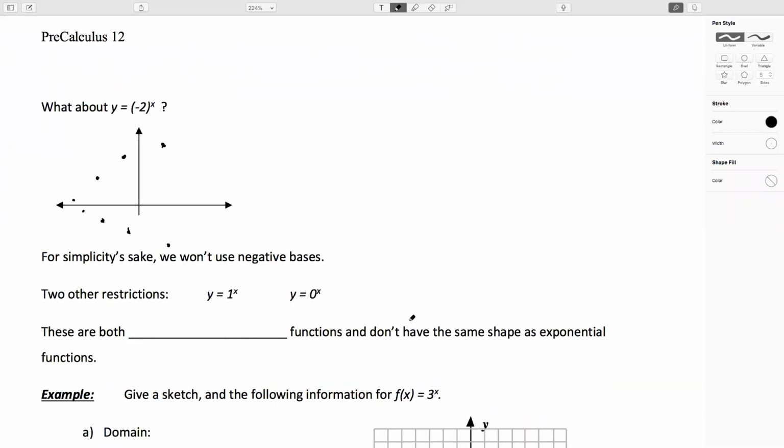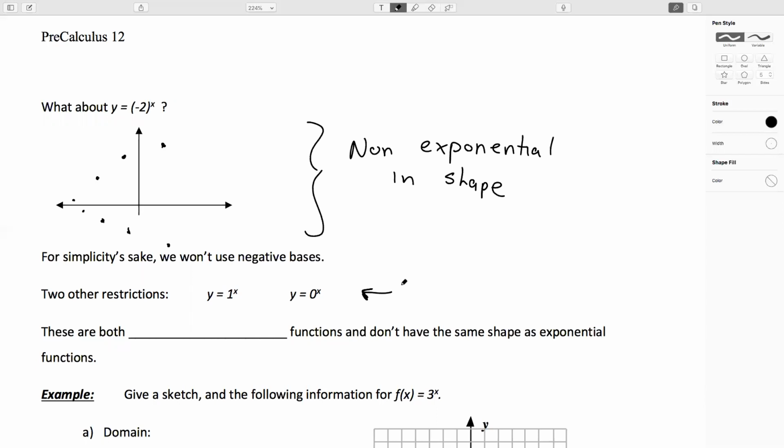So for simplicity's sake, we're not going to use negative bases. And we're going to define this as non-exponential in shape. So we're going to impose a couple other restrictions. 1 to the power x is not allowed, and 0 to the power x is not allowed, and that's because they will both create straight lines.